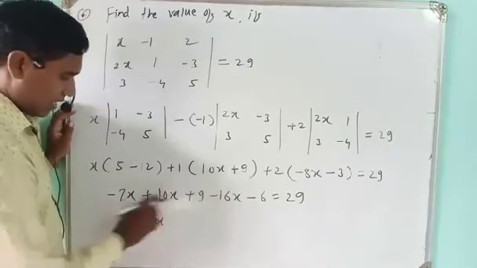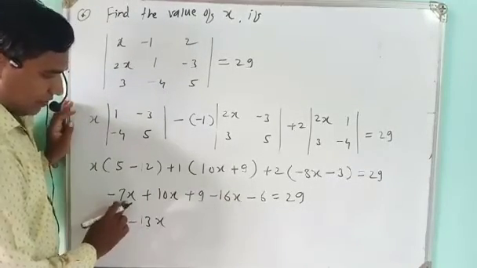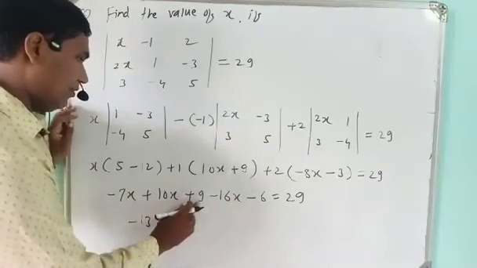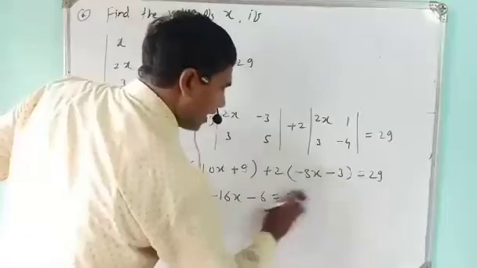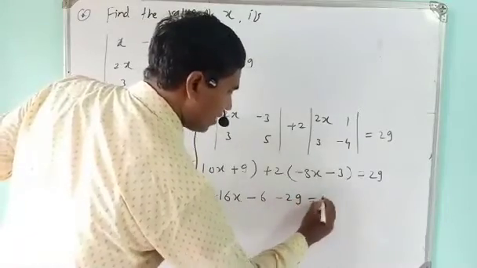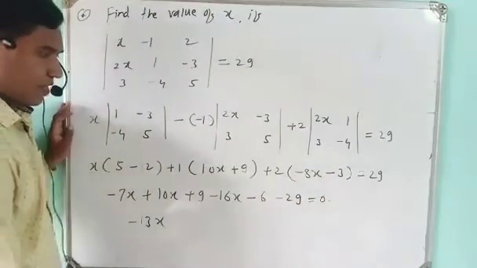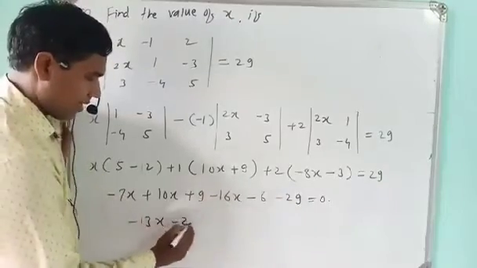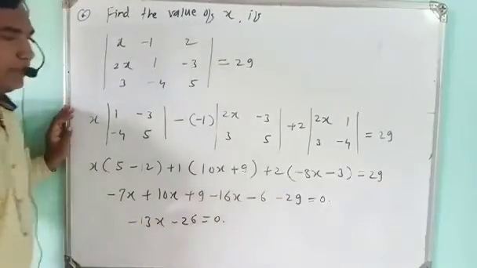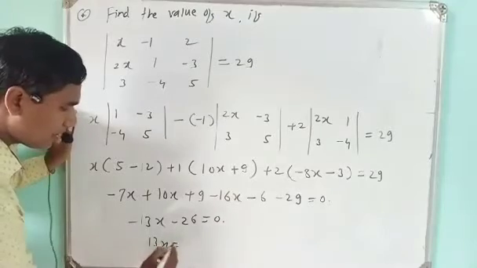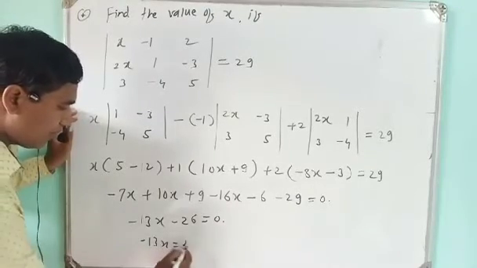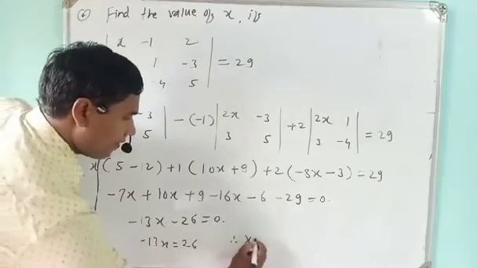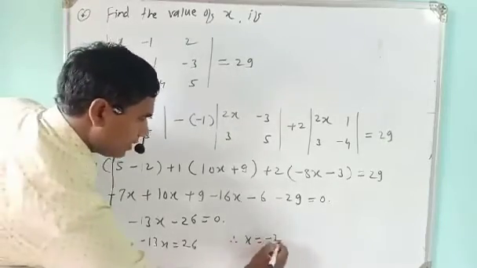Then the 9, see now, this 29 comes to that side as minus 29, equal to 0. From 9, 6 goes, so 3 minus 29 is minus 26, equal to 0. So it becomes minus 13x is equal to 26. So what is the answer here? Therefore x is equal to minus 2. That is the answer.